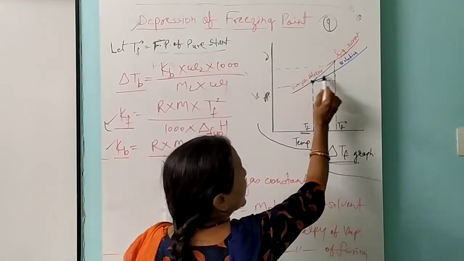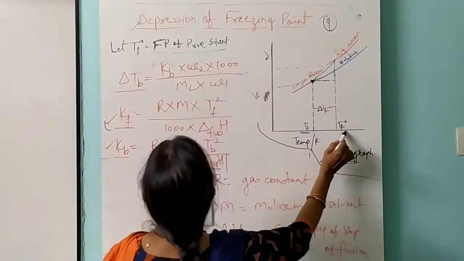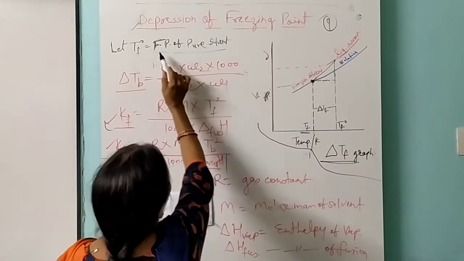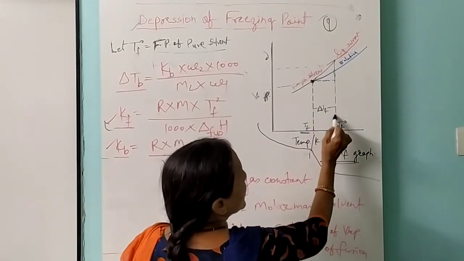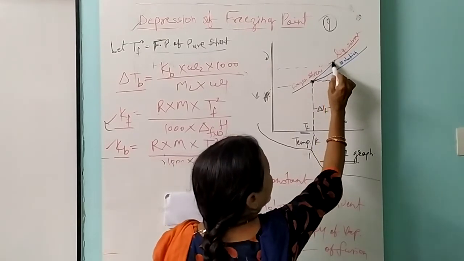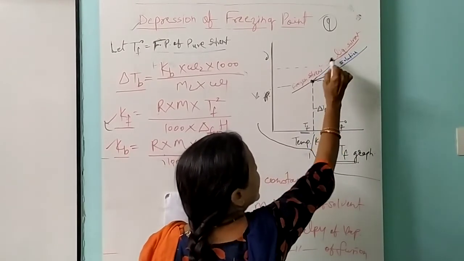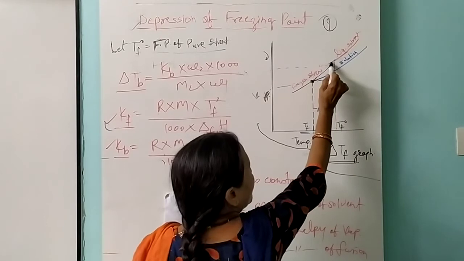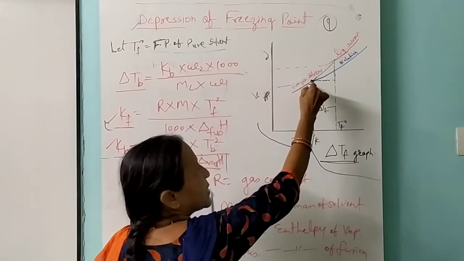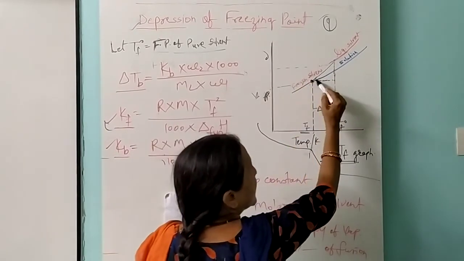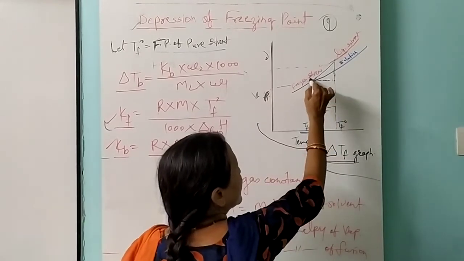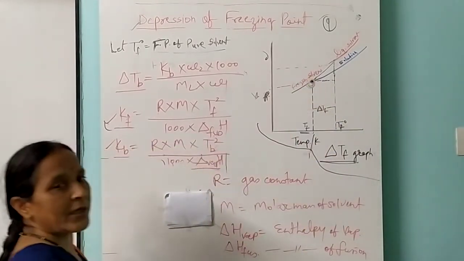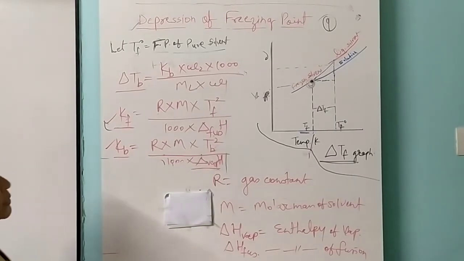Now this TF0 is the freezing point of pure solvent, right? Now if we have the solvent in liquid form, and we decrease the temperature coming up to here, at this point this is the solution. So this point is our depressed freezing point. Here we will get it.